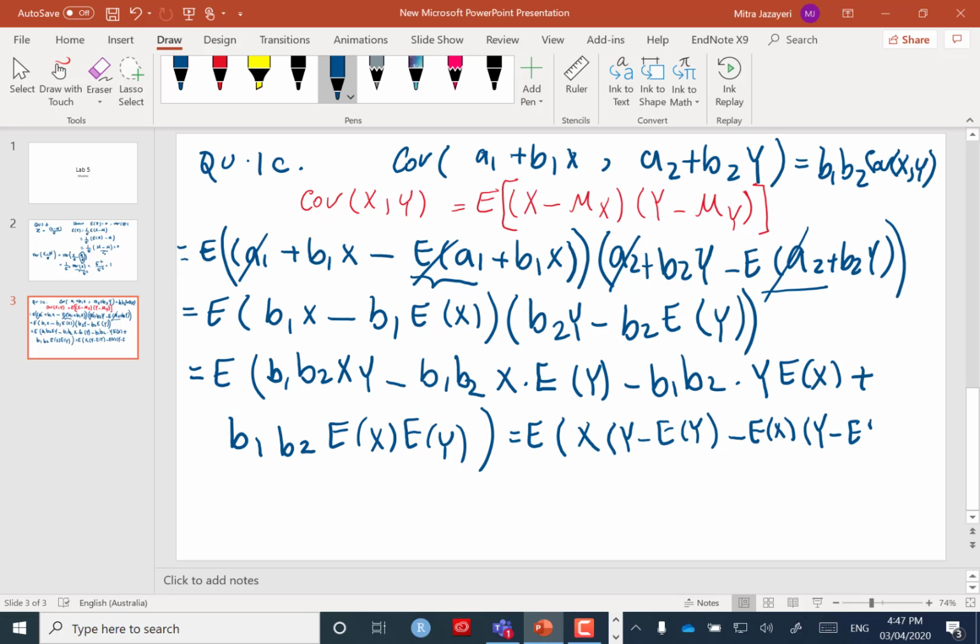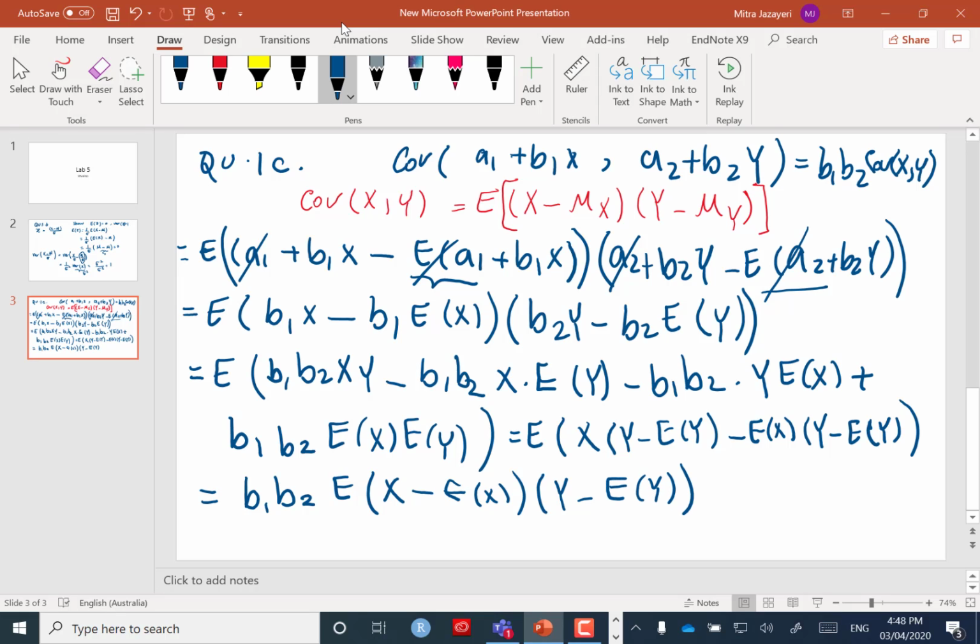Now we can write that as b1, b2, expectation of x minus expectation of x times y minus expectation of y, which is b1, b2 covariance of xy.